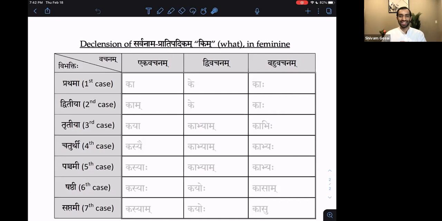Fifth case, kasyaha, kabhyam, kabhyah. Sixth case, kasyaha, kayoho, kasam. Then 7-1, kasyam, kayoho, kasu. Okay? Feeling okay with that? You can let me know in the chat.